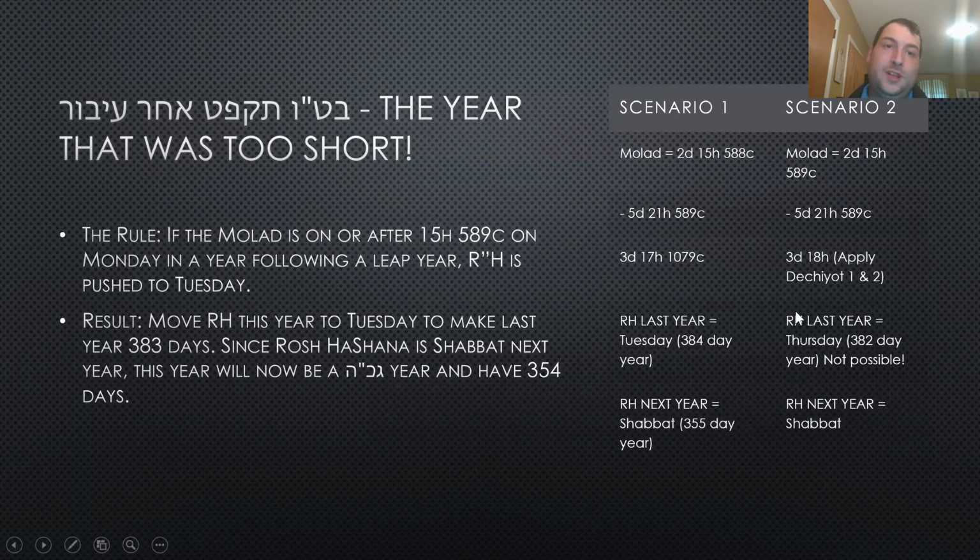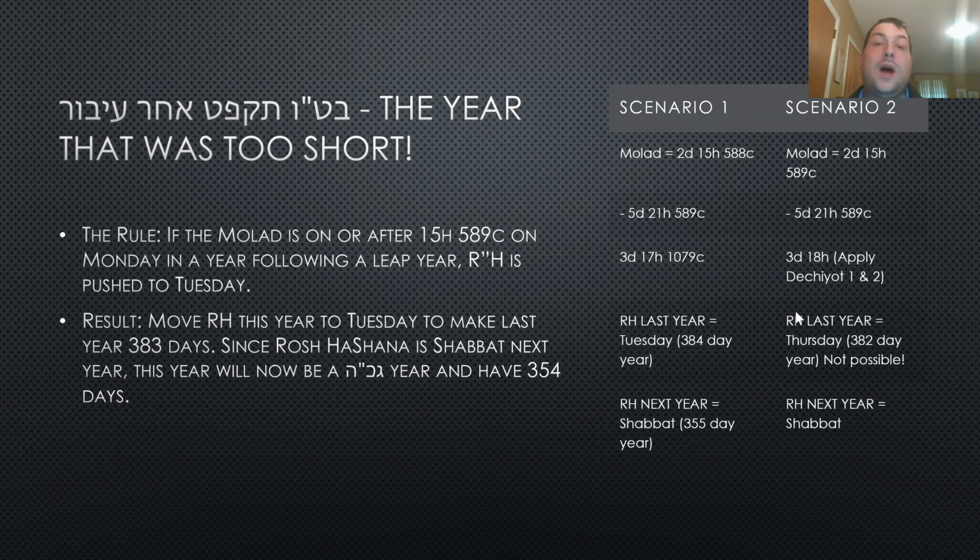The rule is Batu Takpat, Achar Ibur, which is a mouthful, which means that if the molad is on or after 15 hours and 589 chalakim on Monday, so the bet goes to Monday, that's the second day, the 2 is the 15 hours, and the tikpat is 589, in a year following the leap year, so that last year was a leap year, this year the molad is then Rosh Hashanah is pushed off to Tuesday.